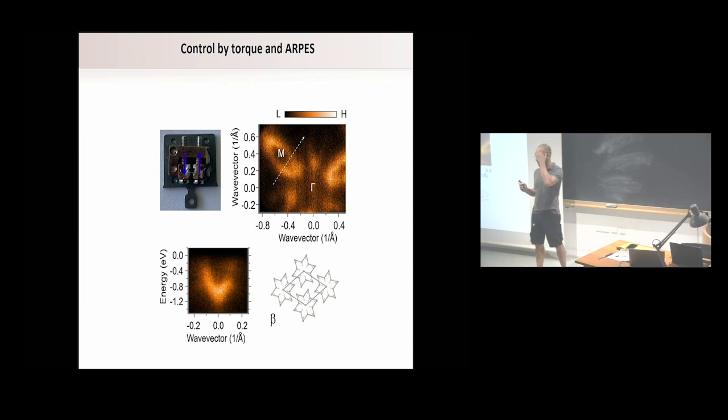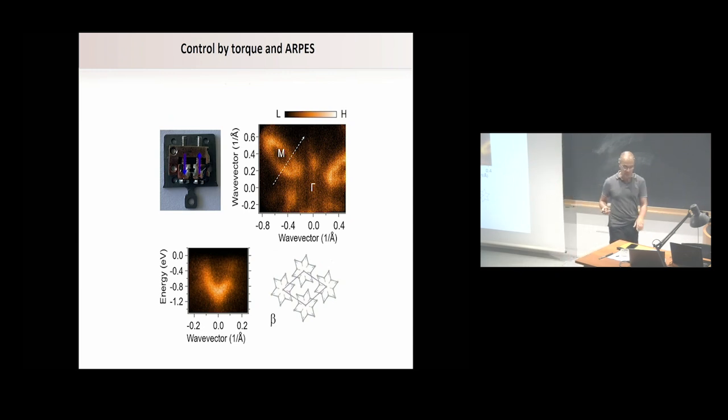This is an interesting experiment, but it was not the full proof, because we couldn't do the annealing and measuring in the UHV because there is a Scotch tape here. We cannot go up to 360 Kelvin and still have a good surface. So we had to cleave again every time.